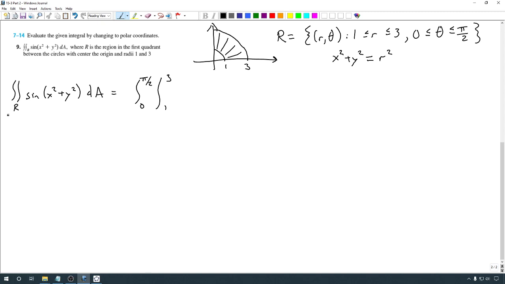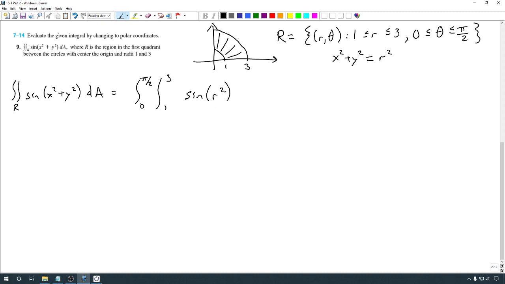So when I look at this, it's actually a really good rule of thumb that when you see an x squared plus y squared, polar coordinates is frequently an easy way of handling those kinds of functions. But the point here is I have sine of r squared when everything is said and done.